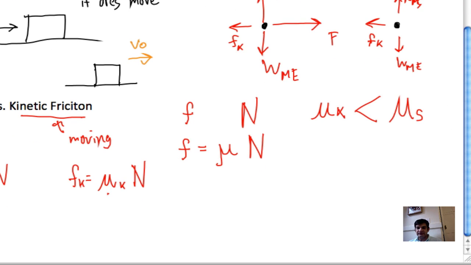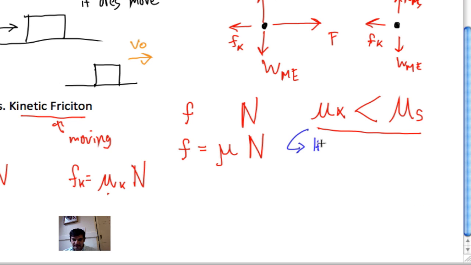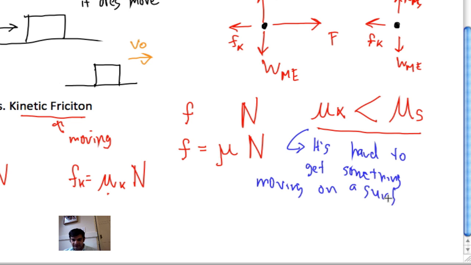And the thing is, this actually has real implications. Let's look at the real implication of this remark. What it means is, it's hard to get something moving on a surface because the static friction has a big coefficient.